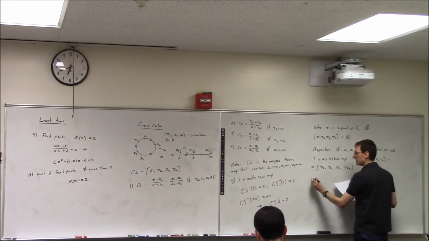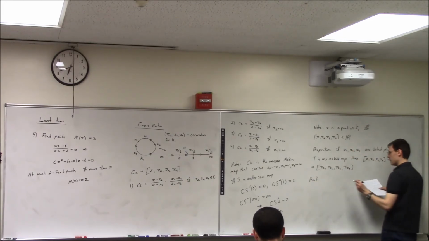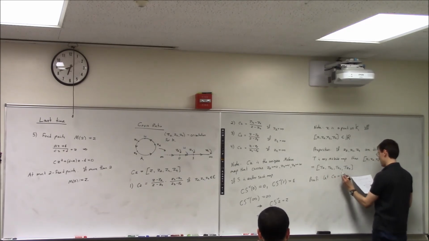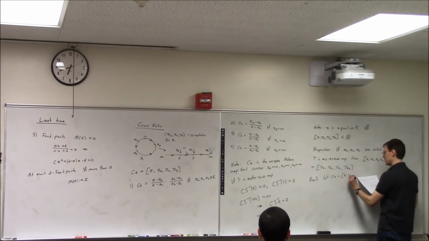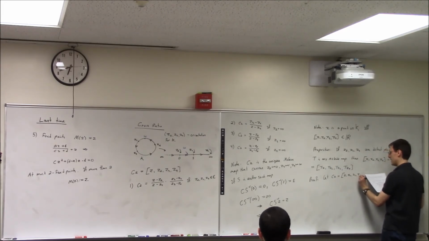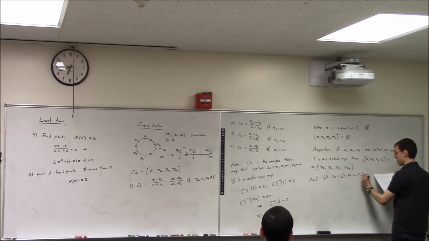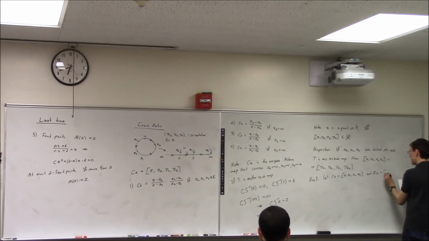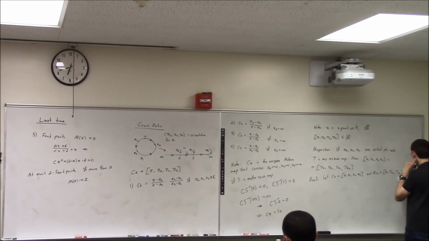And the proof. First I'm going to let C of Z be my cross ratio Z, Z2, Z3, Z4, and R of Z to be the cross ratio of Z, TZ2, TZ3, TZ4.